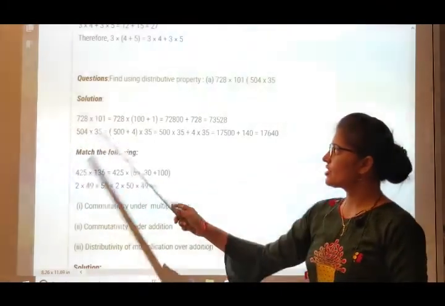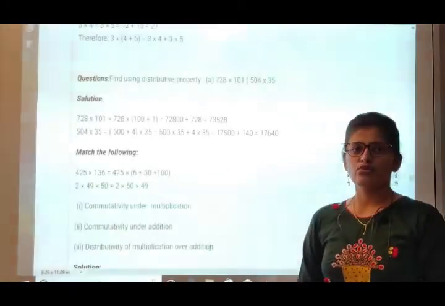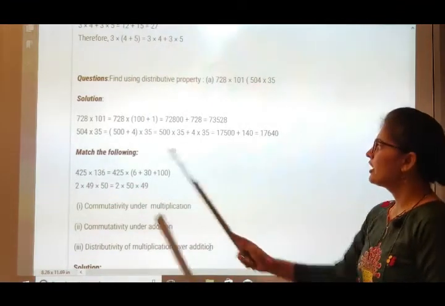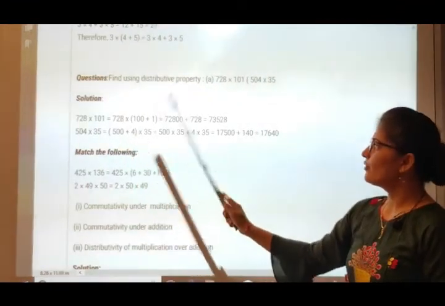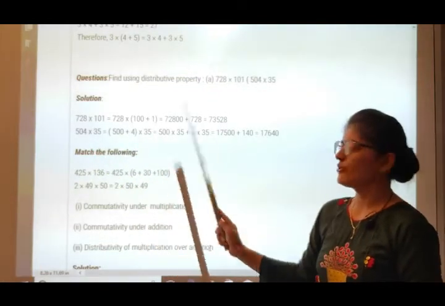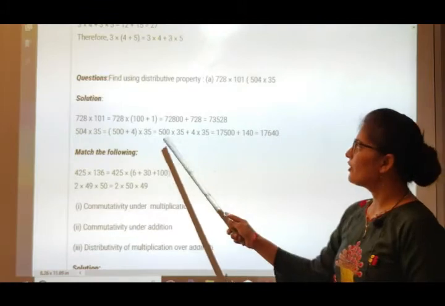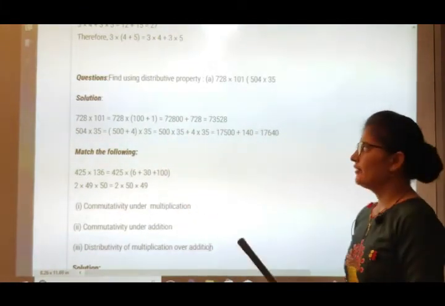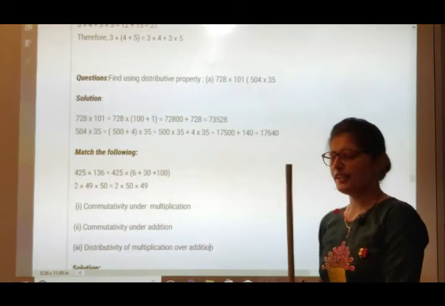Next is given to you 504 multiplied by 35. Here you can see which is the greater number, 504. So 504 can be written as 500 plus 4. After that the multiplication sign is put as it is, 35 also as it is. After that, 500 we have to multiply with the 35 and 4 we have to multiply with the 35.